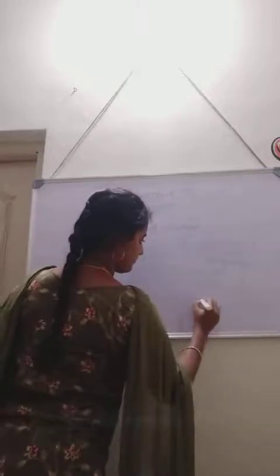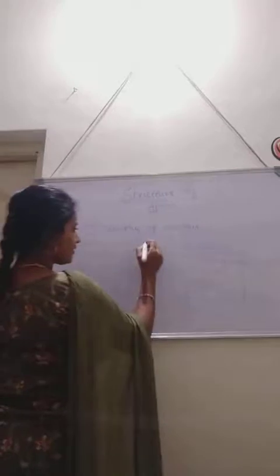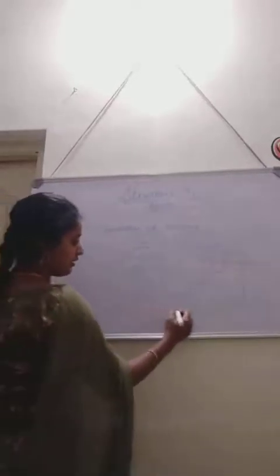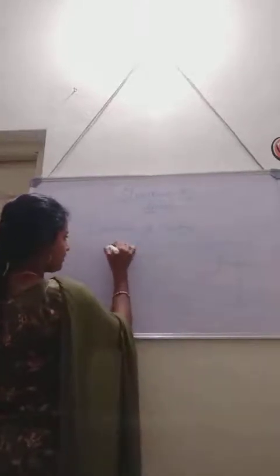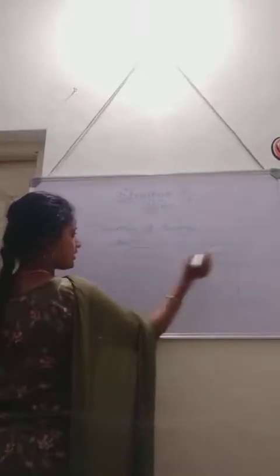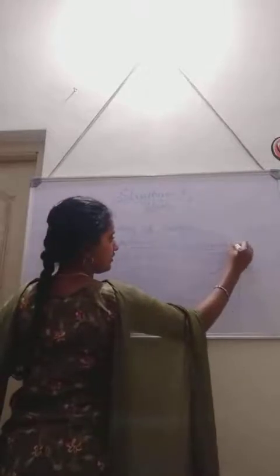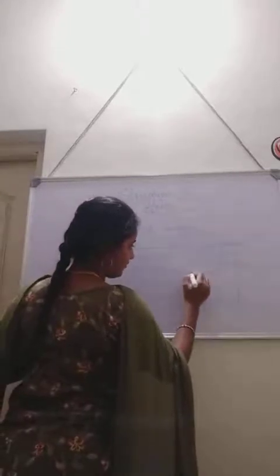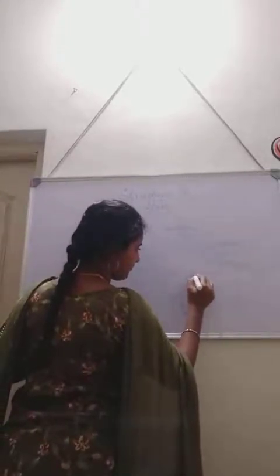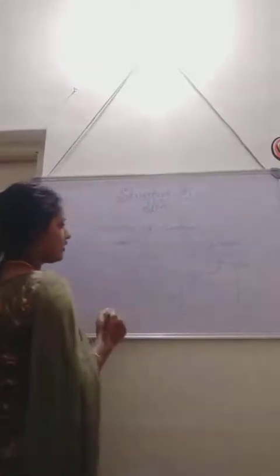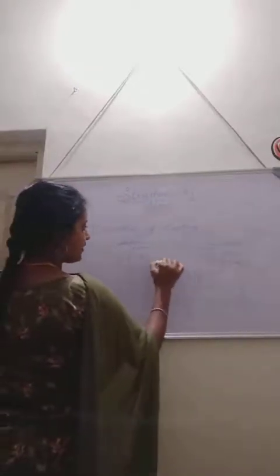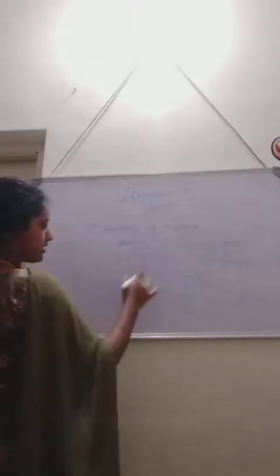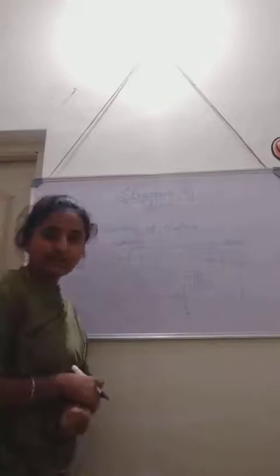This is a glass discharge tube, negative, positive. Negative end is known as cathode. Positive end is known as anode. It contains vacuum, and this discharge tube is filled with gas, any gas. It may be hydrogen or any other gas.